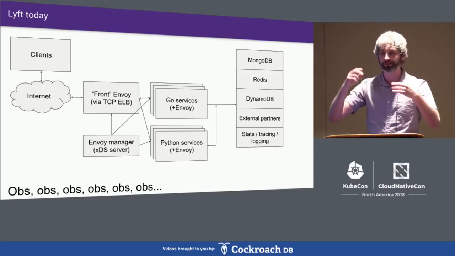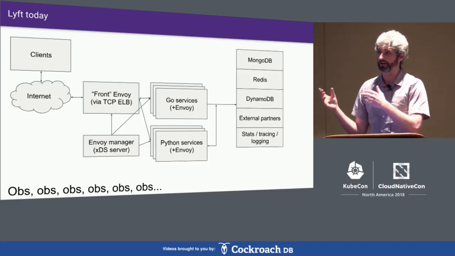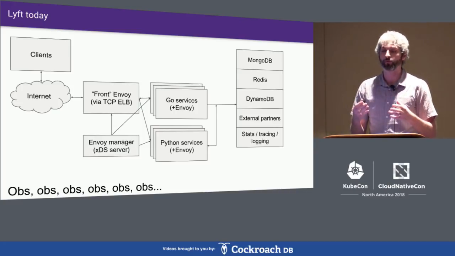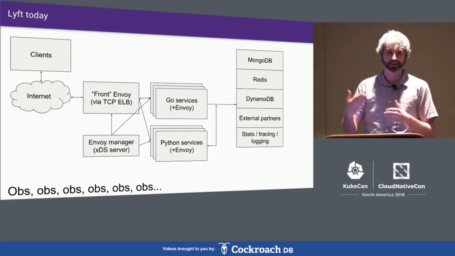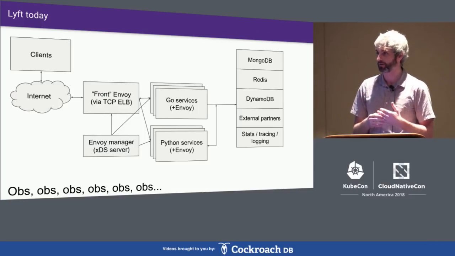Give me my configuration. I don't quite have time to go into it today, but we have an entire configuration pipeline that will inform what configuration that Envoy gets. And then that configuration can be dynamically updated in real time without restarting the proxy, which is very, very powerful, very useful from an operations perspective.